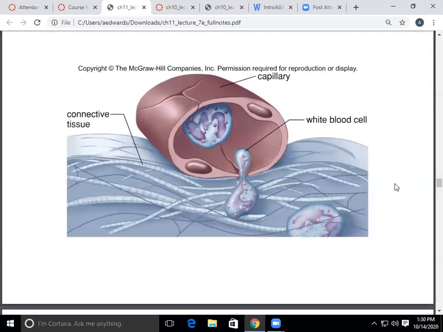Here's a capillary, and we haven't covered the cardiovascular system yet, but capillaries are basically tiny blood vessels that are designed for diffusion and some sort of exchange. Here the capillary has a white blood cell in it, and it is diffusing out into some connective tissue. The capillary has essentially openings where white blood cells can get out.